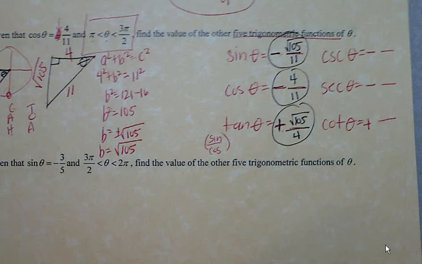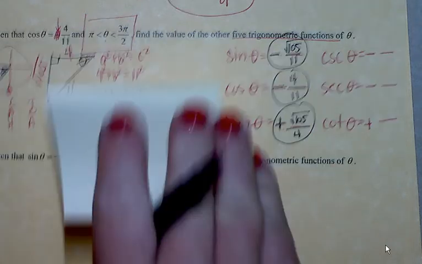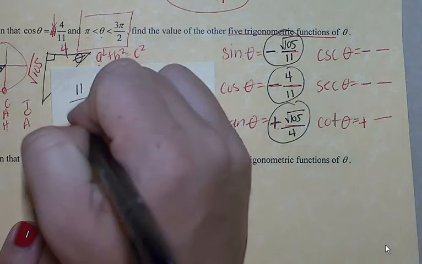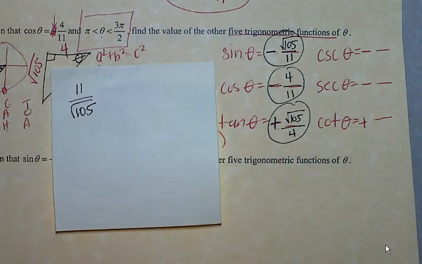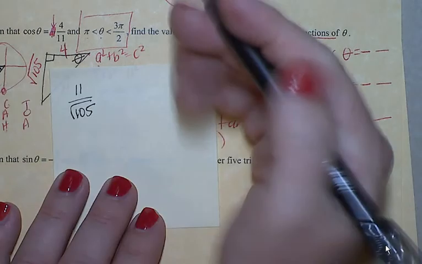Now, how do I easily come up with these? You're going to flip them. You're going to take the reciprocal. But remember, you can never leave a final answer with the radical on the bottom. So when I flip this, it becomes 11 over radical 105. Mathematically, I didn't do anything wrong, but it's not proper to leave it in this form. So I want to teach you how to do this the slow way, and then how we get the answer the fast way.